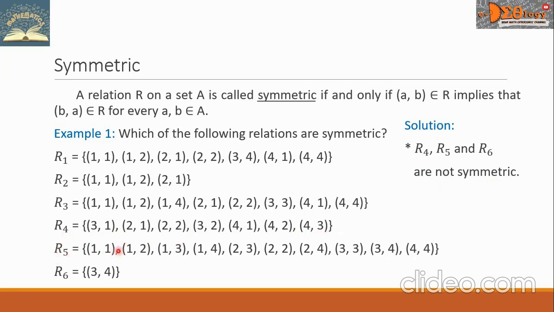In R5, we have one ordered pair (1, 2), but there is no ordered pair (2, 1), and that makes R5 not symmetric. For R6, there is only one ordered pair, (3, 4). Obviously, there is no other ordered pair (4, 3). Again, we say that R4, R5, and R6 are not symmetric.